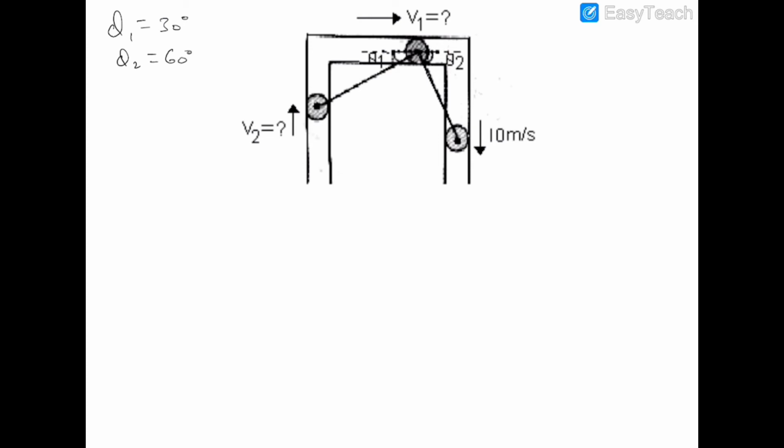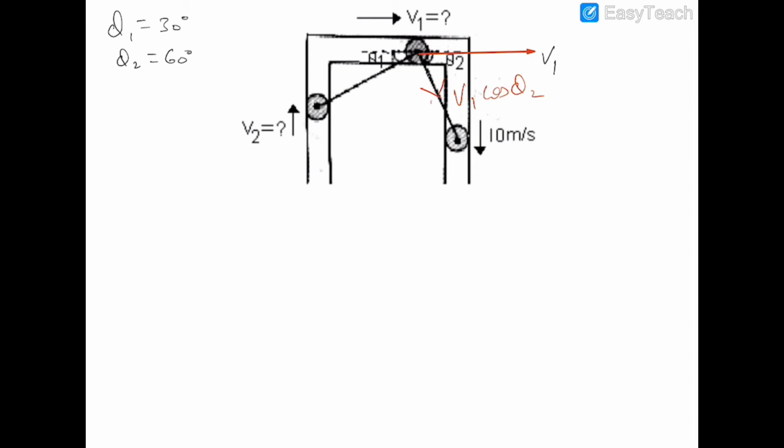And at the same instant we have to find out v1 and v2, and v2 is the velocity of this ball in upward direction. So if this is v2, this is v1, and if I resolve this v1 along this rope, I'll get v1 cos theta 2.